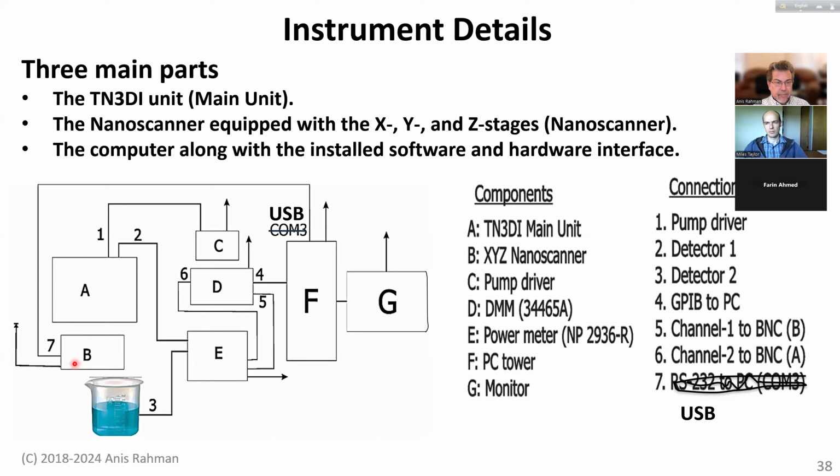So here is this little beaker with liquid, because there are two modes. This is the nanoscanner, which holds its sample, measured in the transmission mode, or measured in the reflection mode. But we can also place it directly in front of the beam and measure in the transmission mode as well. And you'll see those coming later.